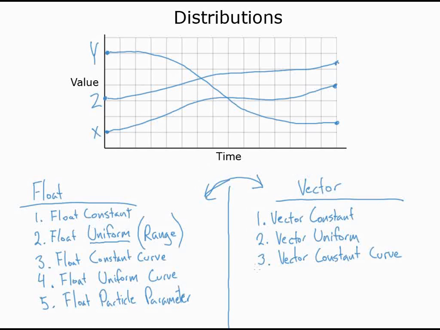I think we can use that as the basis for our next distribution, which is going to be, and this is where it gets really fun, the vector uniform curve. And what we have here are 6 total curves, specifying a min and max for X, a min and a max for Y, and a min and a max for Z, and we're choosing a random number from a range in between each of the 2 curves.